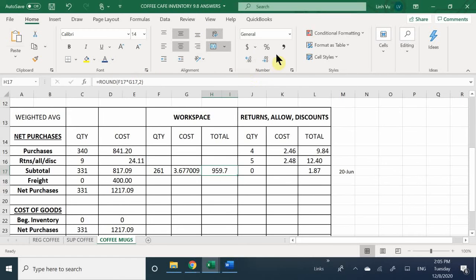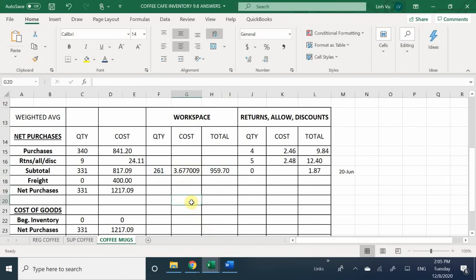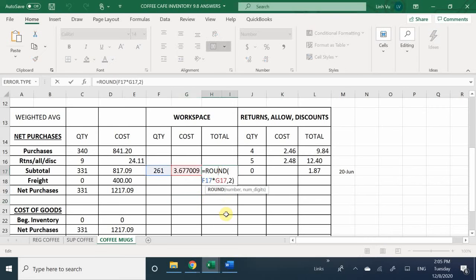Can I see that formula one more time? I'm sorry. Yeah, that's fine. Just let me expand this out real quick. It's up there at the top. I can see it. Let me make this bigger. No, I can just double tap my formula. Oh, there you go. So you did equal round, times.